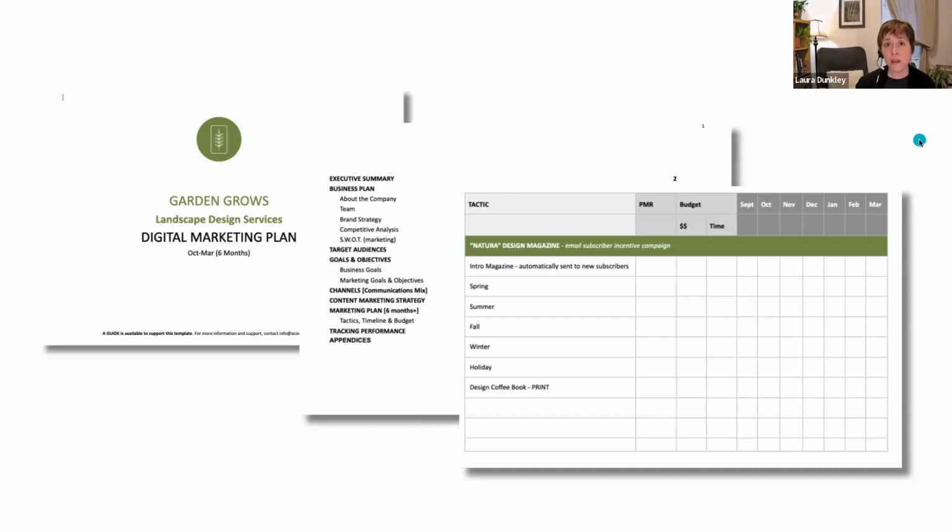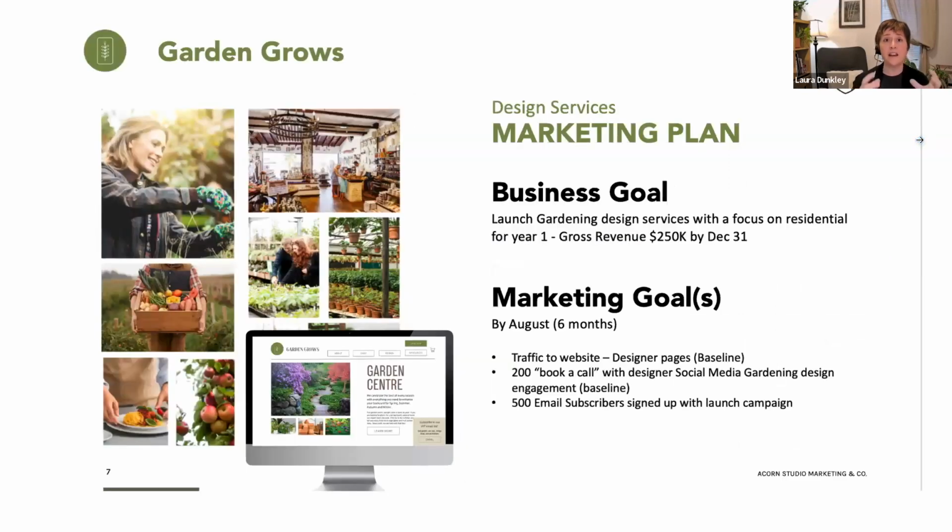So it starts with your full plan, and you kind of pull it out and you go, okay, I'm going to do this campaign. It's a tactic that I'm going to do. So for this example, our business goal, remember, is launching the landscape design services. We have overall marketing goals, one of which is 500 email subscribers.